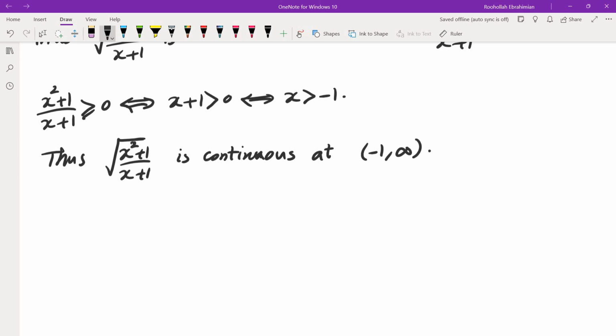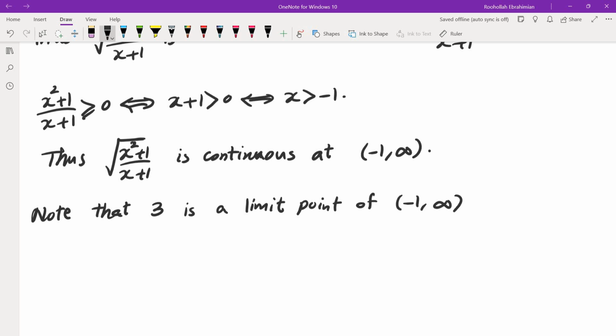Now, 3 is in fact inside that interval, and it is a limit point. So I can use remark 4.1. Note that 3 is a limit point of -1 to infinity.